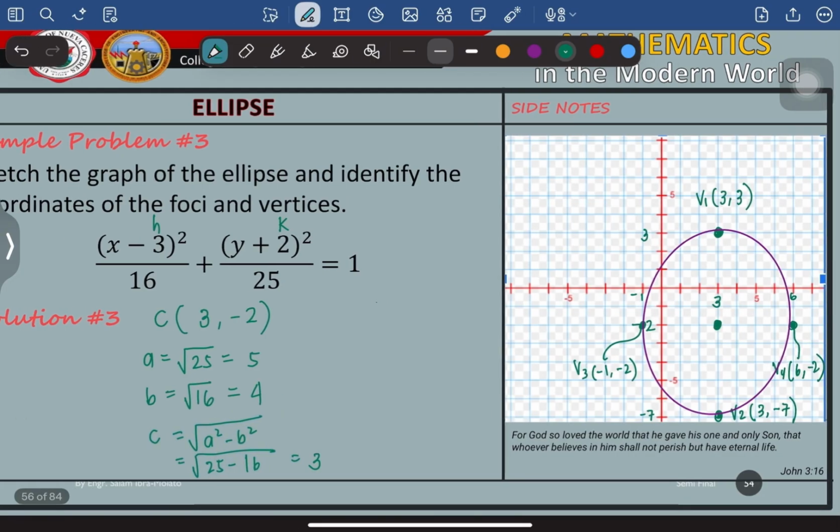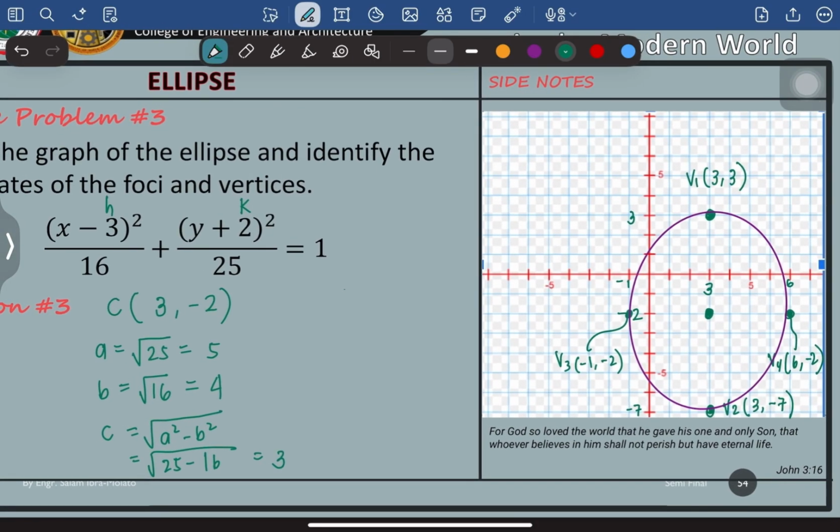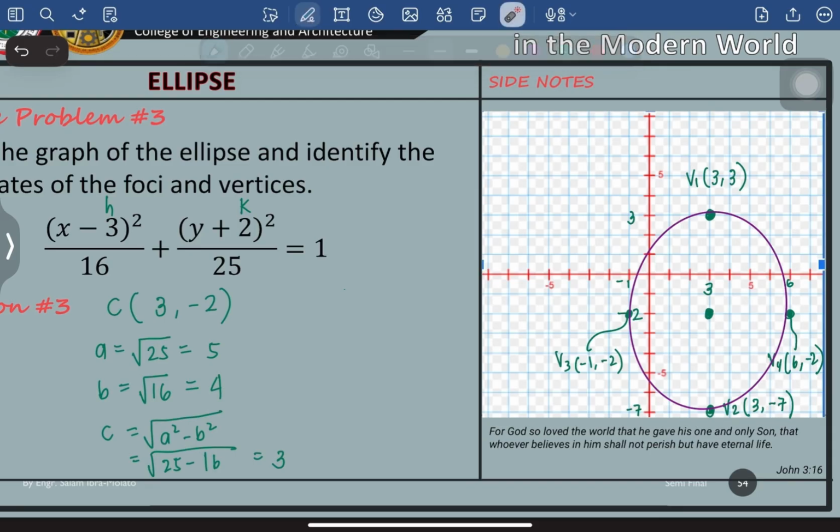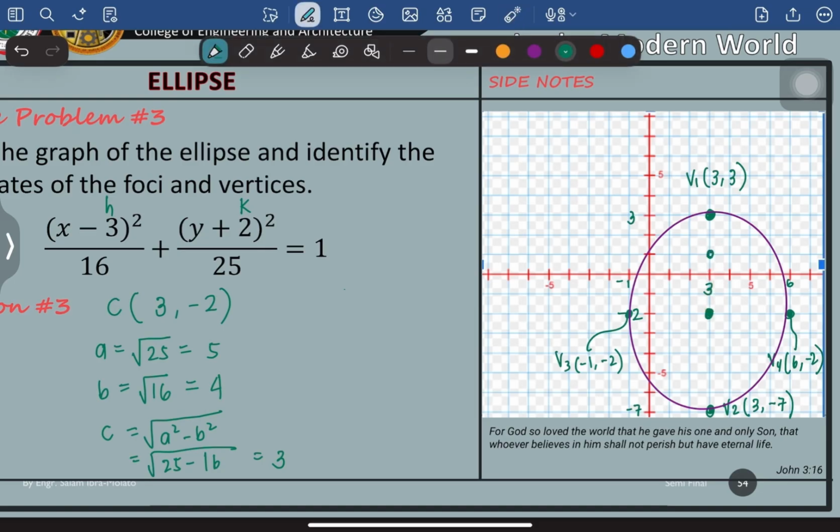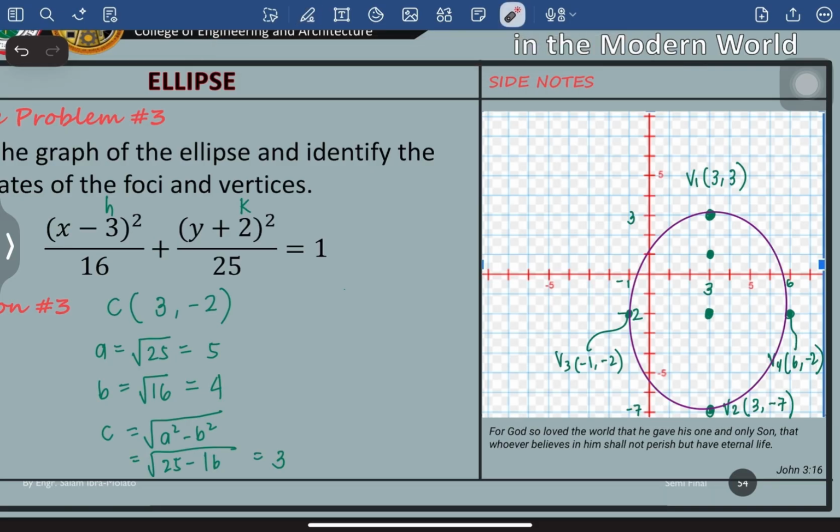So to plot the foci, it is 3 units away from the center. 1, 2, 3. So it is located here. Then for another focus, 3 units away again from the center, it is located here.